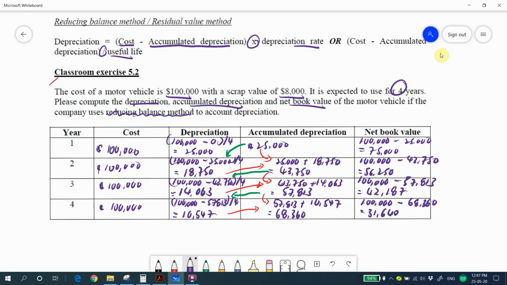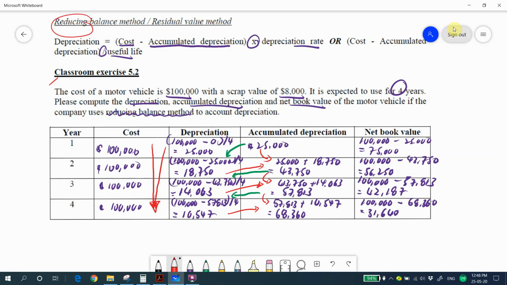So that's all for depreciation under the reducing balance method. And you can see that the depreciation is being reduced over the period, right? From 25,000 to 18,000 to 14,000 to 10,000. The depreciation amount is getting lesser, reducing in value, right? That's why we say this is the reducing balance method.